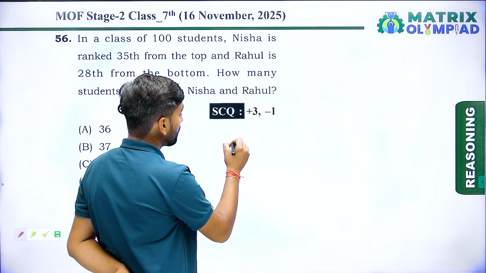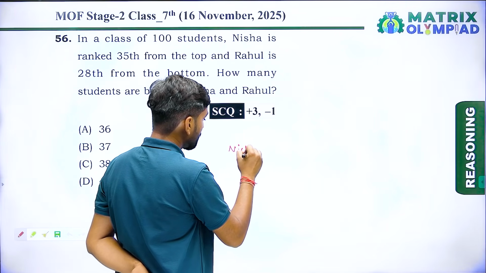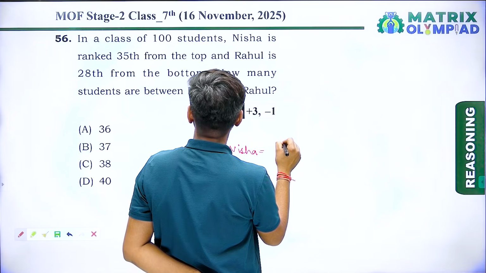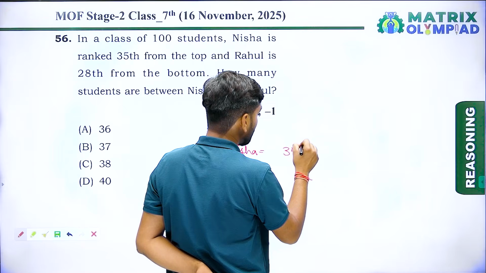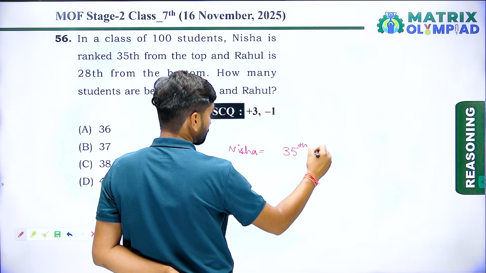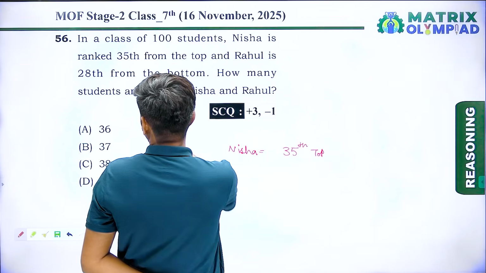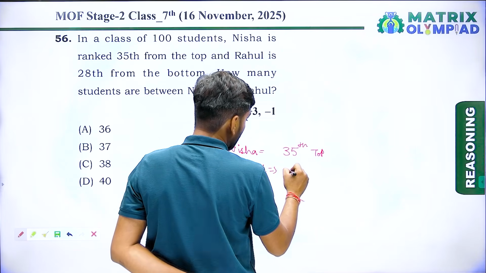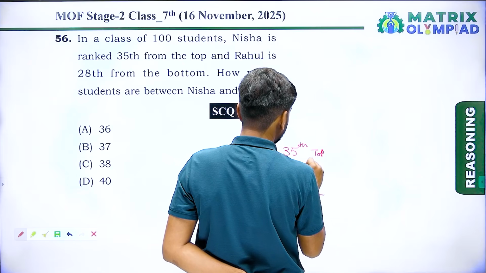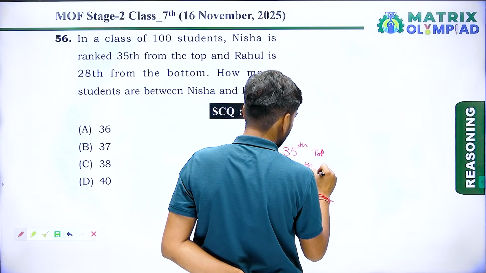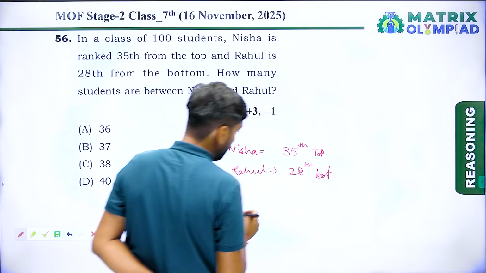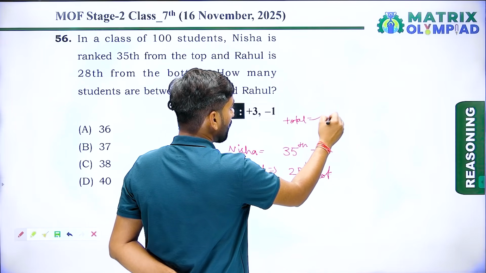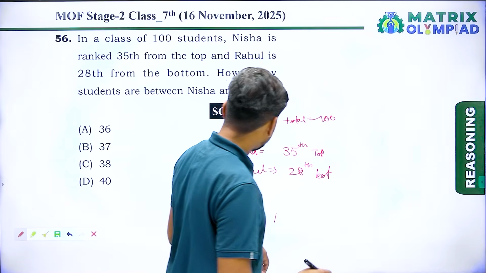Here Nisha has the rank of 35th from the top, and Rahul is 28th from the bottom. The total number of students is 100. How many students are between Nisha and Rahul?